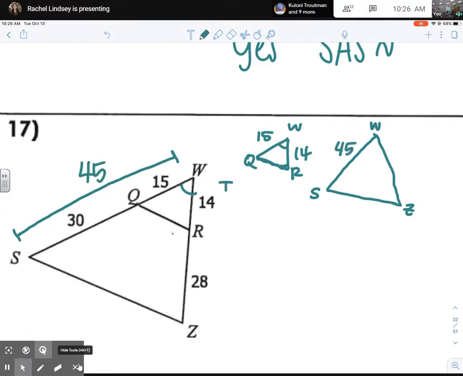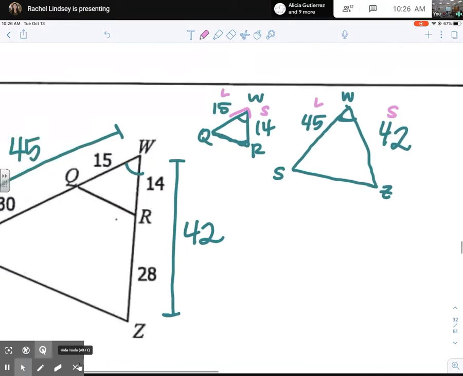And then what's 14 plus 28? 42. So I'm gonna have 14 over 42, see if it equals 15 over 45.